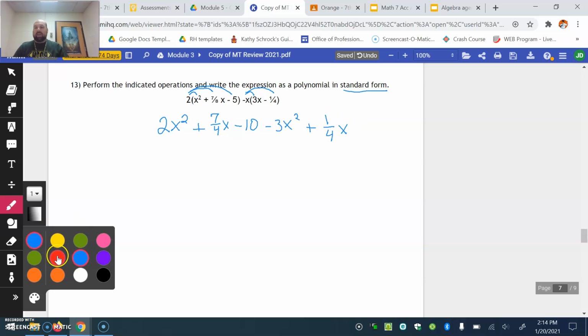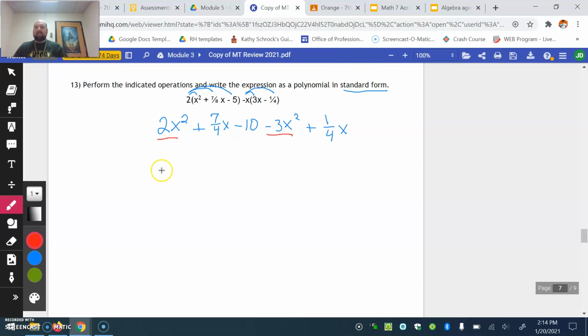Okay, now I need to combine like terms. By the way, the first part of this is in standard form. Variables with exponents come first, variables without come next, and then terms with no variables go last. So the 2x squared and the negative 3x squared combine to give me negative 1x squared, or just negative x squared.